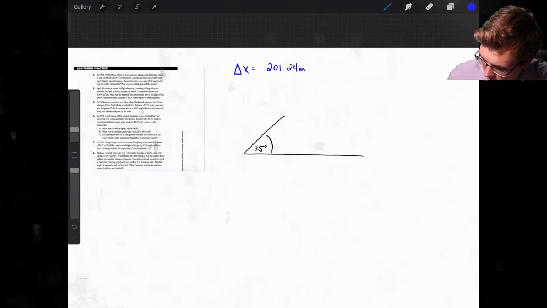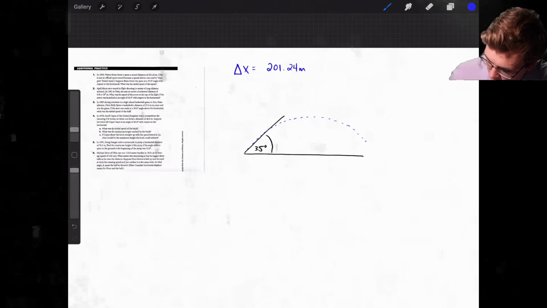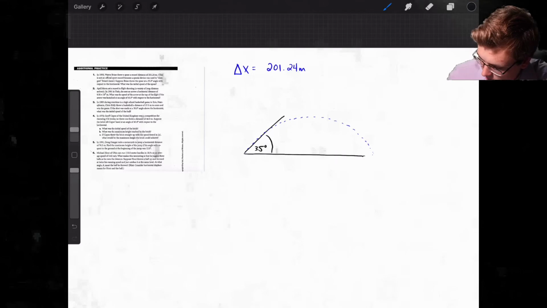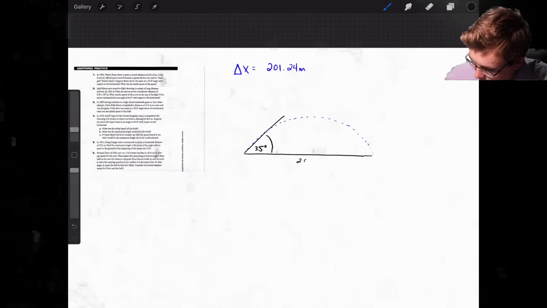Here's my picture. And we know that distance is 201.24 meters.